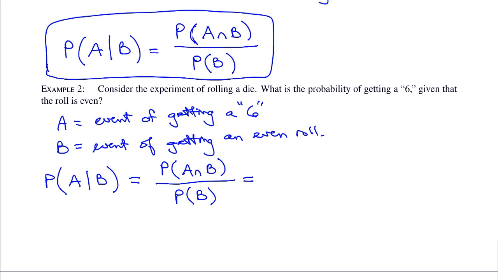Now you have to check the intersection. Sometimes the event that you're looking for is not completely the same event that you end up with, because you know that something has already happened, right? We'll get into some of that later. In this case, it doesn't matter. So the probability of A intersect B is 1 out of 6. And then the probability of B, so B was the event of getting an even roll, that's 1/2.